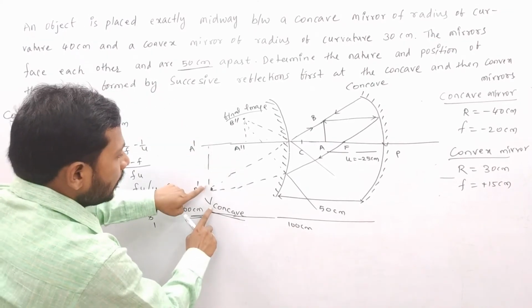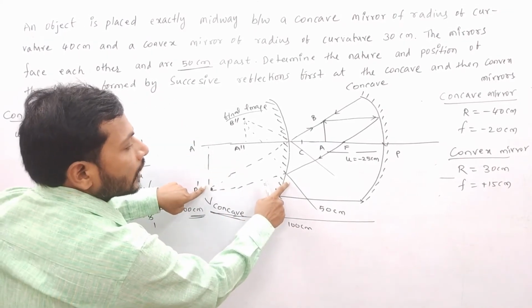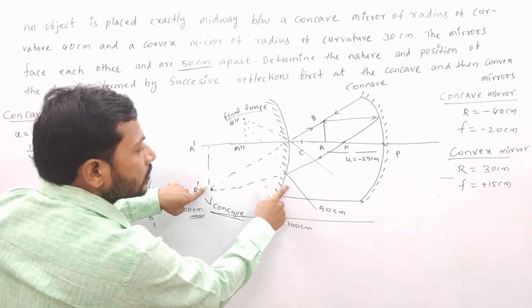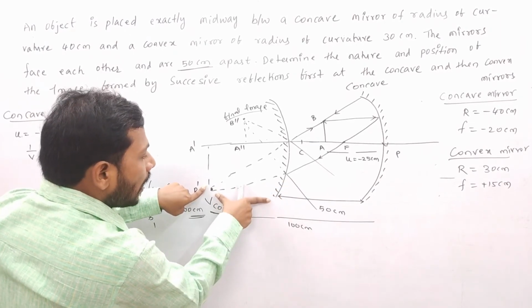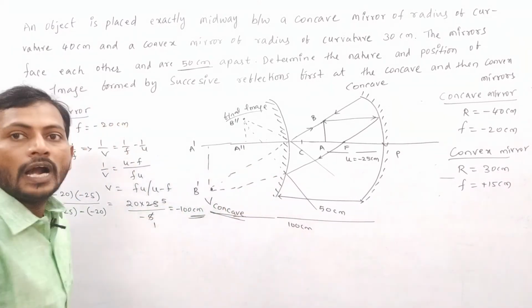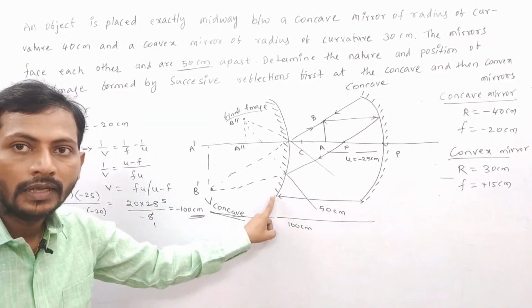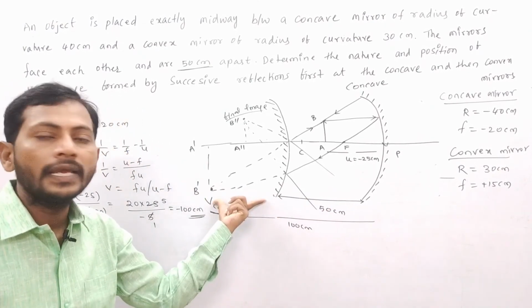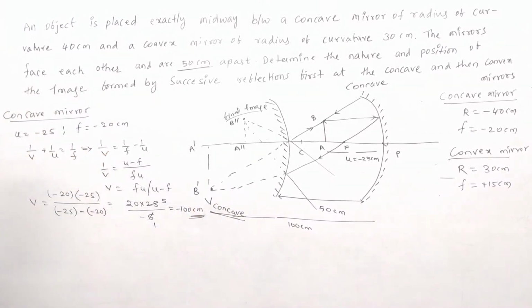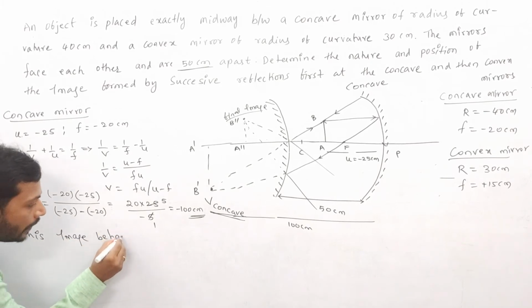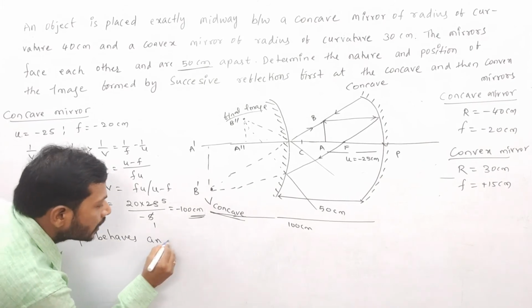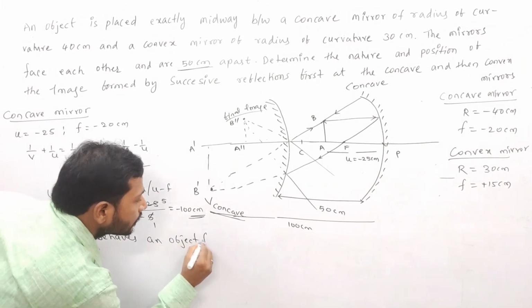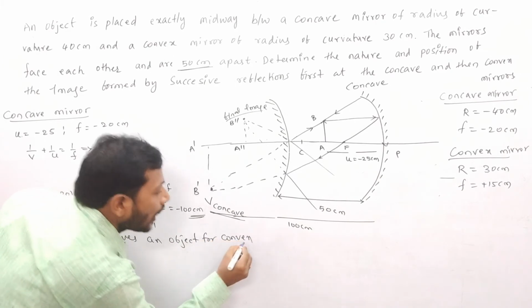Now this image behaves as an object for whom? Convex. Then you have to find the distance of the object to the convex mirror, because this image is the object. From here to here it is 100, from here to here it is 50, so the remaining is how much? 50. So I am writing: this image behaves as an object for the convex mirror.